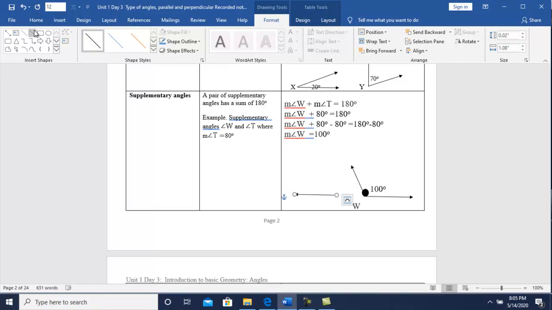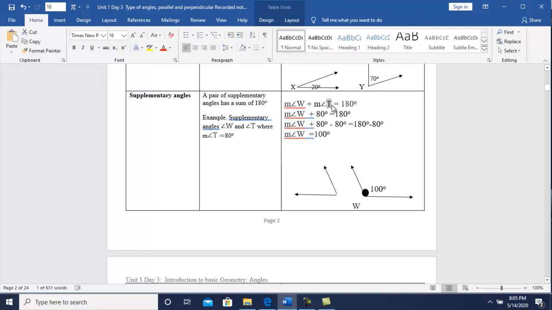And 80, that's going to be T. Let's put where T is.